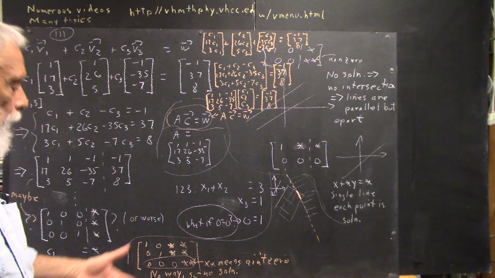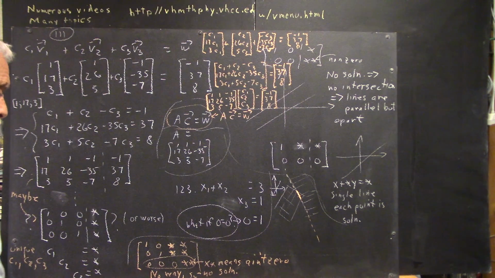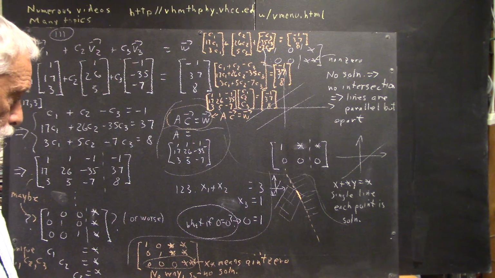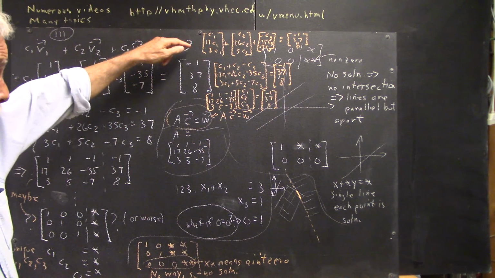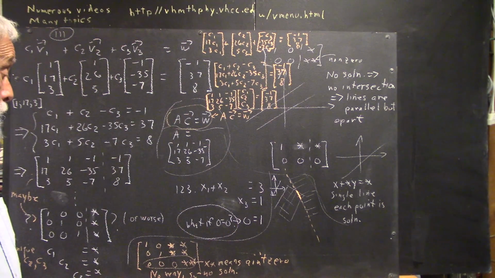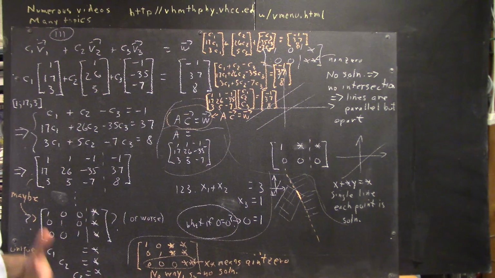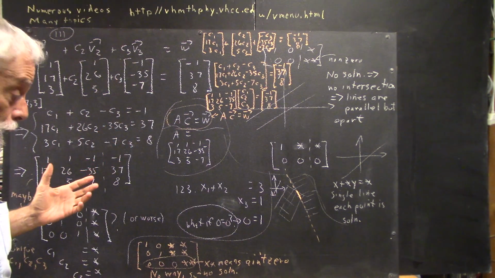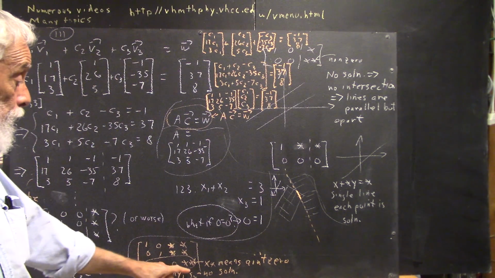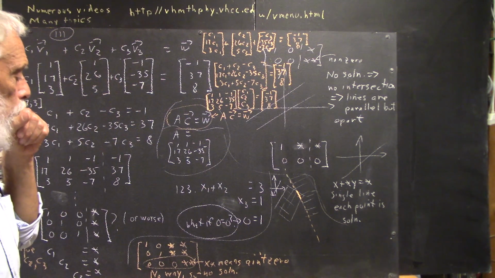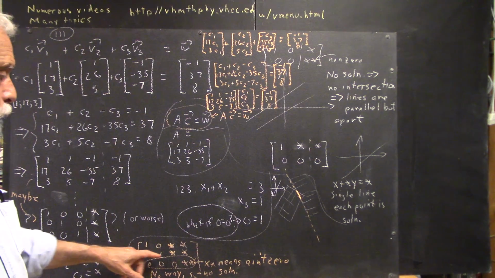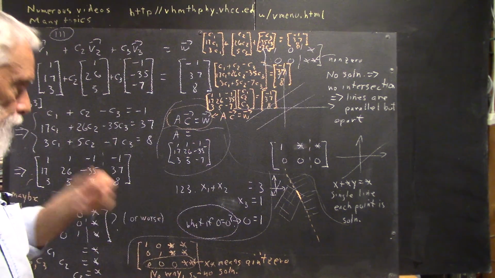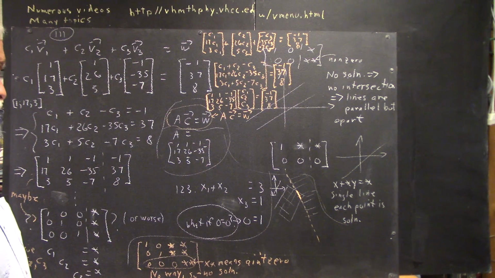That means you can parameterize the solution in a way that shows that there are infinitely many combinations of C1, C2, and C3 that would add up to this vector. Okay, so it doesn't mean you can choose just any combination. It has to be a combination with z equals 0, and then it's going to turn out that y equals this asterisk and x equals, oh, wait a minute.